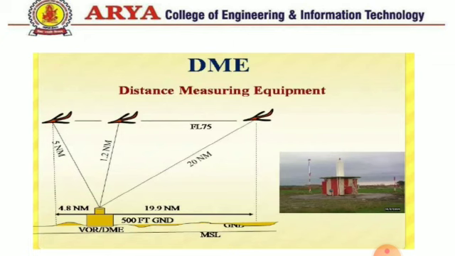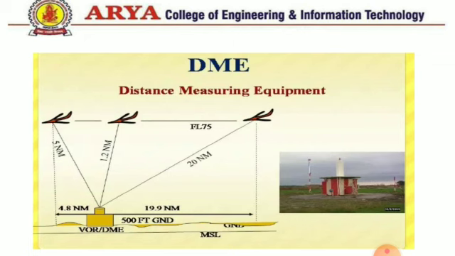It will transmit another signal that will be received at the primary receiver point and processed to get the distance or angle information, etc. So a radar which has two transmitters and two receivers is known as secondary radar. Distance measuring equipment is a case of secondary radar.